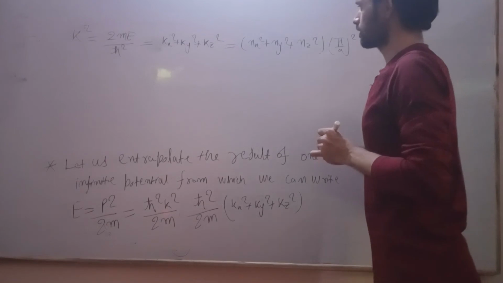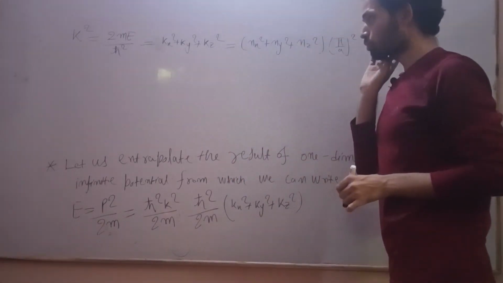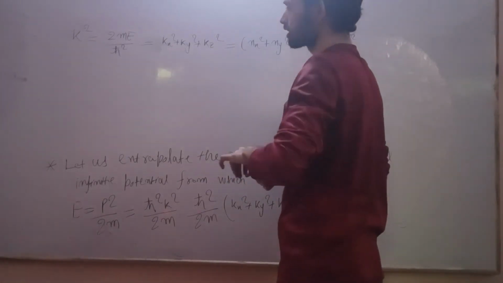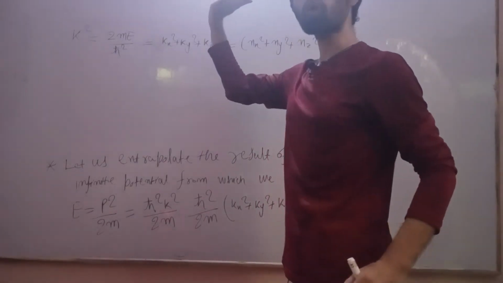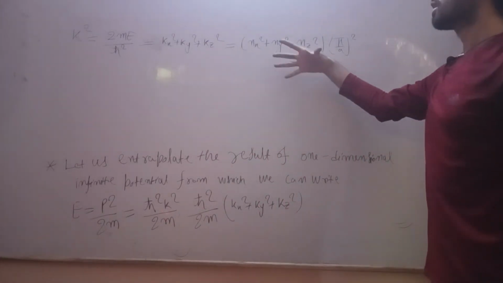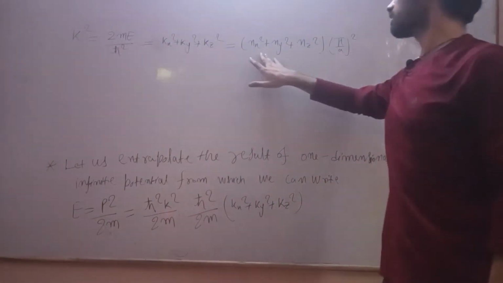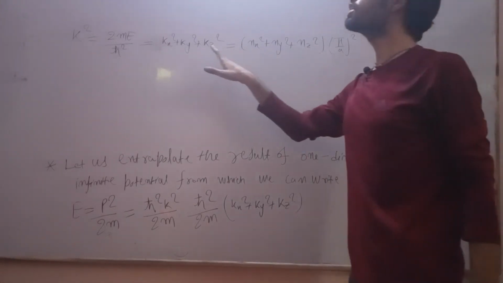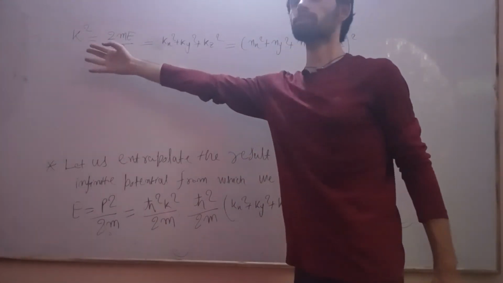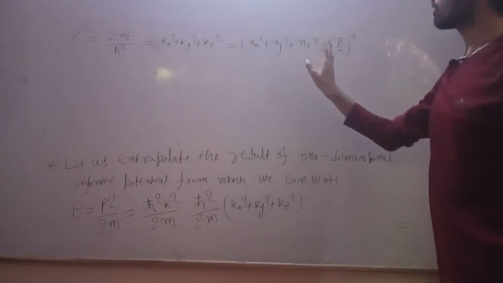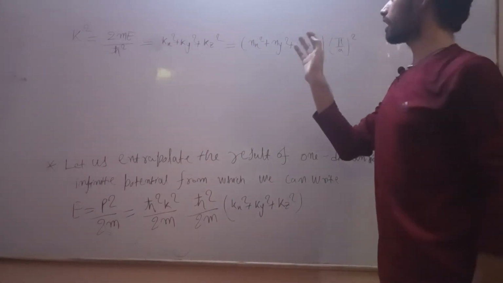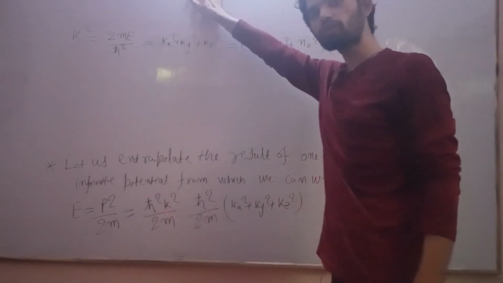What are these nx, ny, nz? As we have seen from the Kronig-Penney model equation, these nx, ny, nz are integer values for this k value.